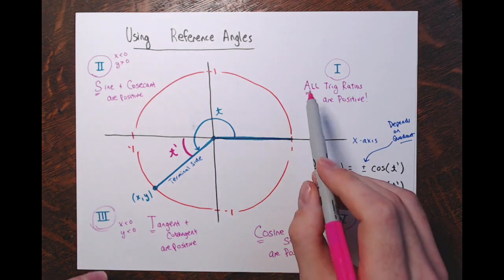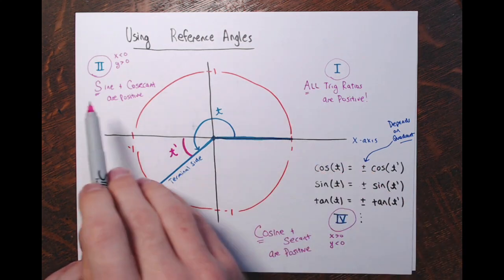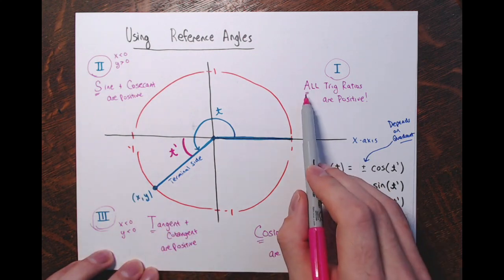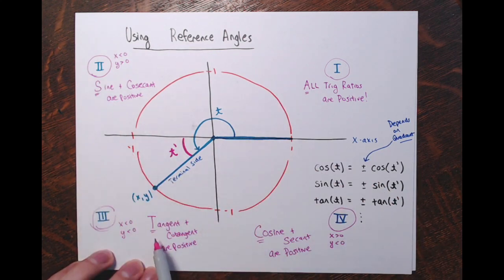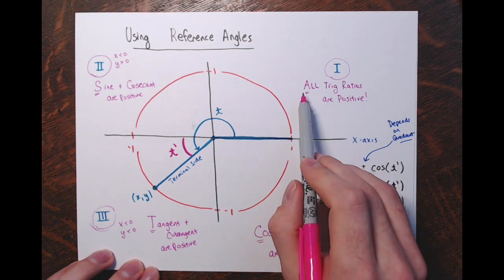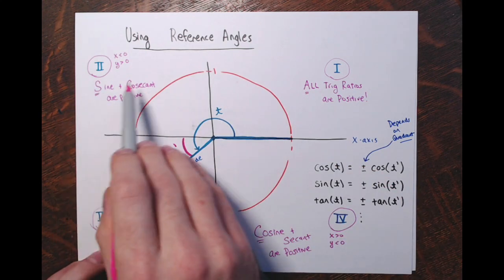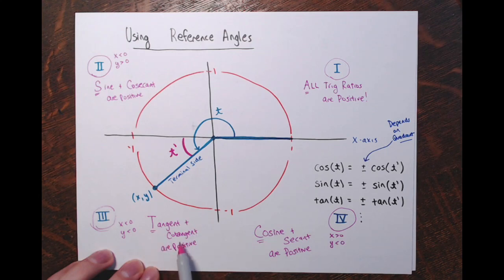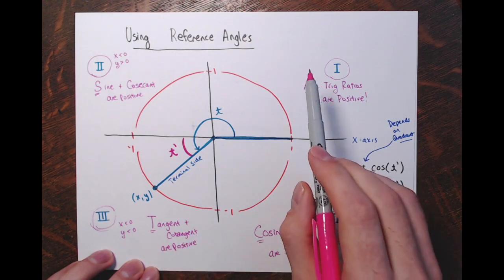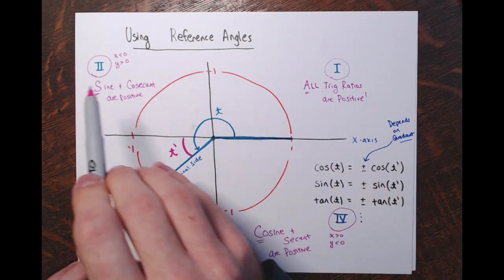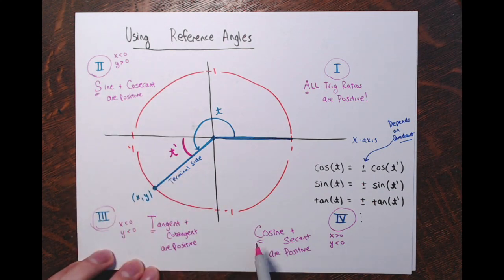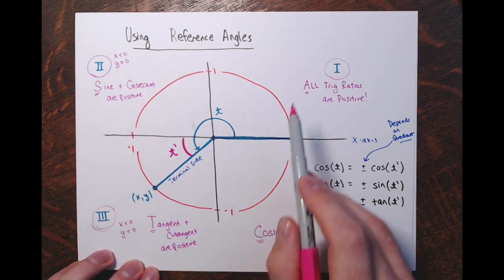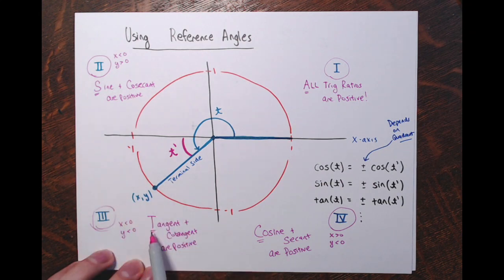Now there might be a little acronym here. That's why I double underline some of these letters. I've heard some, there's the A, S, T, C to let you know which functions are positive. All, sine and its reciprocal cosecant, tangent and its reciprocal, cosine and its reciprocal. I've heard, all students take calculus, or all smart trig class.